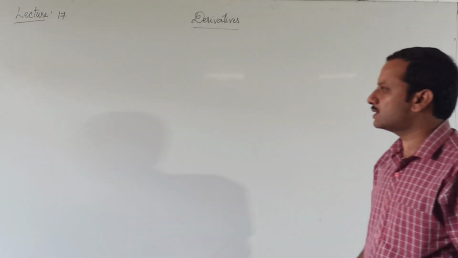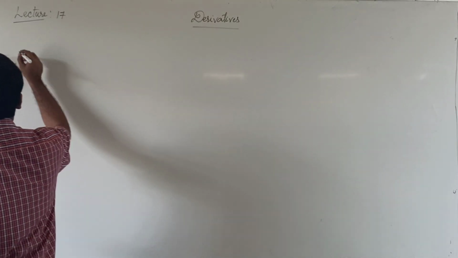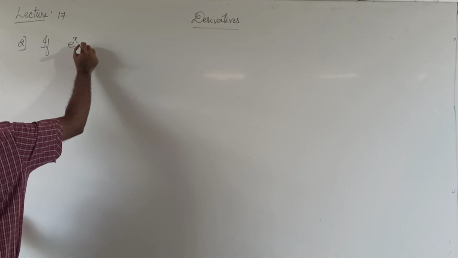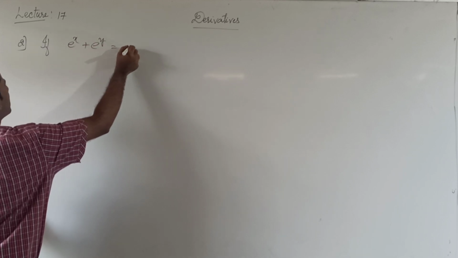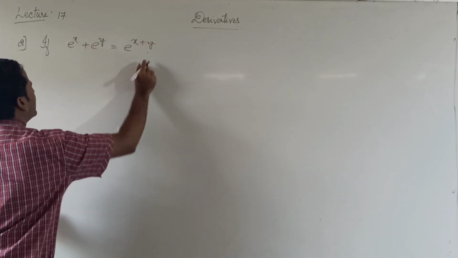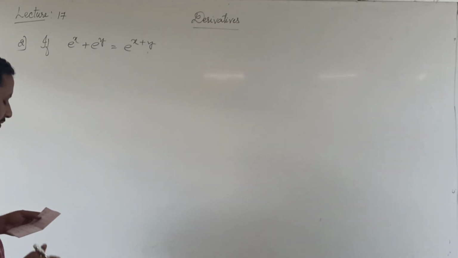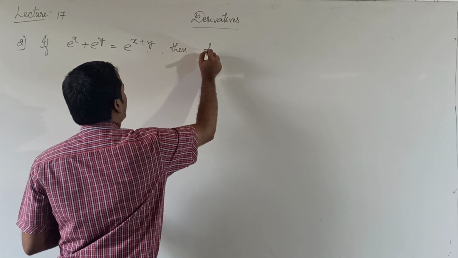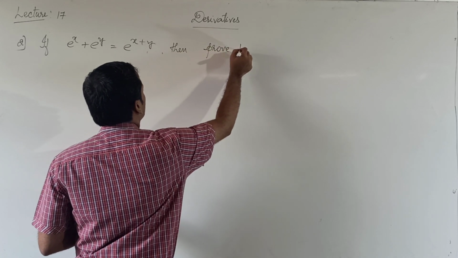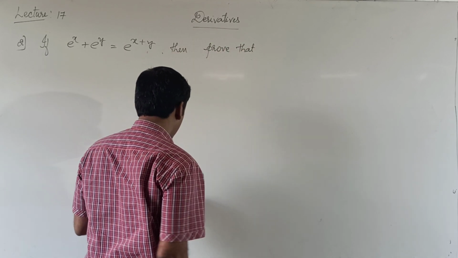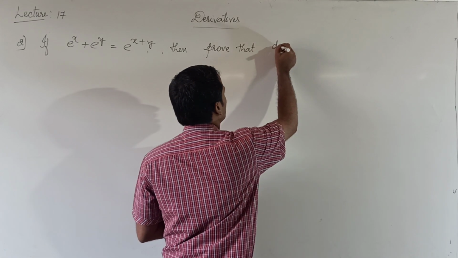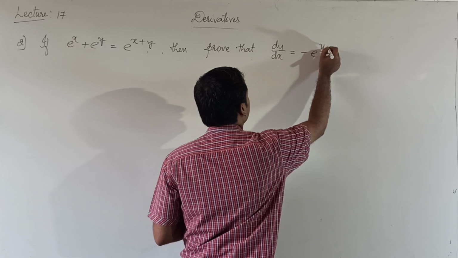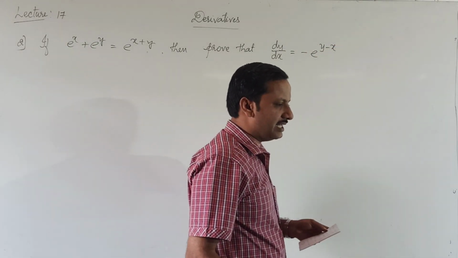If e power x plus e power y is equal to e power x plus y, then prove that dy by dx is equal to minus e power y minus x.